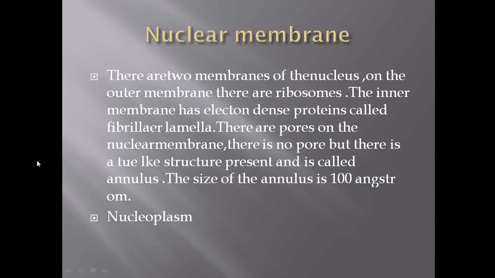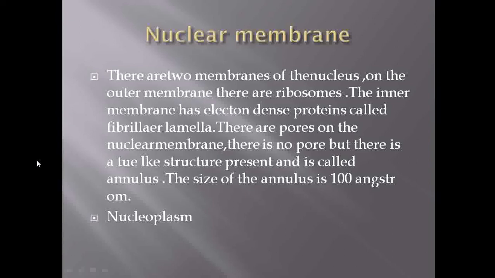Then the nuclear membrane. There are two membranes of the nucleus. On the outer membrane there are ribosomes, and on the inner membrane there are electron dense proteins called fibrillar lamina. There are many pores present on the nuclear membrane.